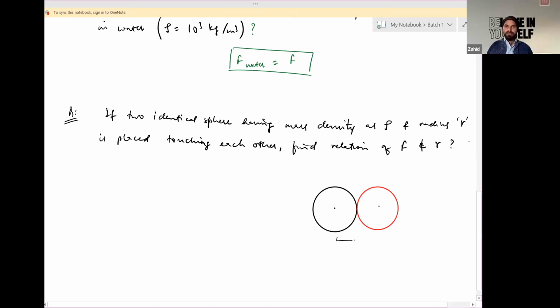So this is the distance from this point to this point. The total separation between their centers will be r plus r. If you calculate the gravitational force between them, force is equal to G, the product of their masses, divided by the square of their separation. So it will be G times m square divided by 4 times r square.